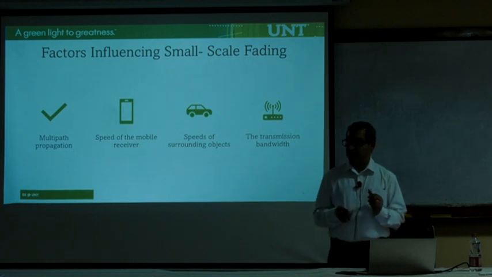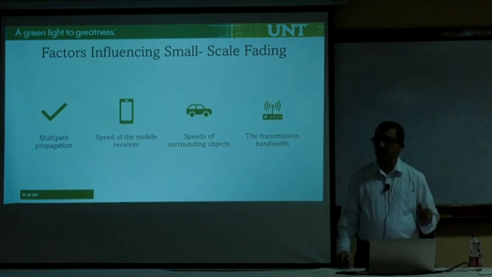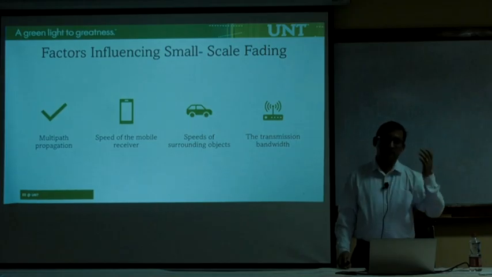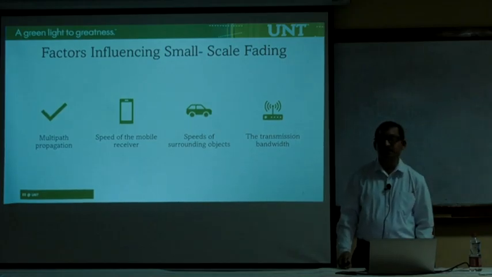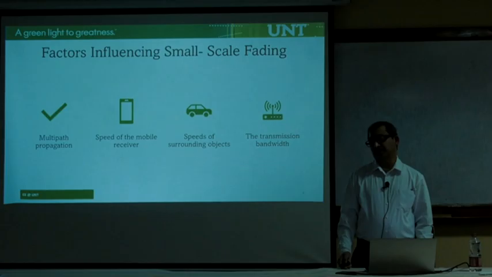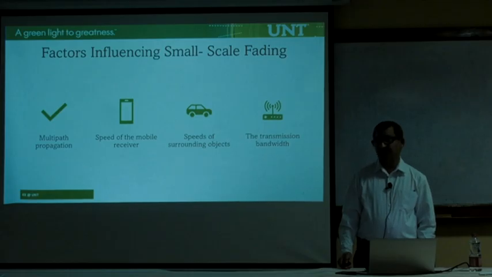When you talk about satellites, what speed are they going to fly? LEO satellites fly around 26,000 kilometers per hour. So Doppler shift has to be accounted for with satellites.